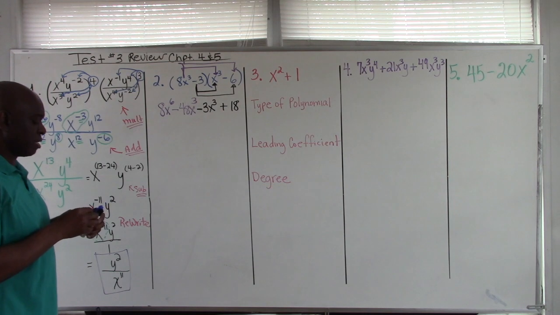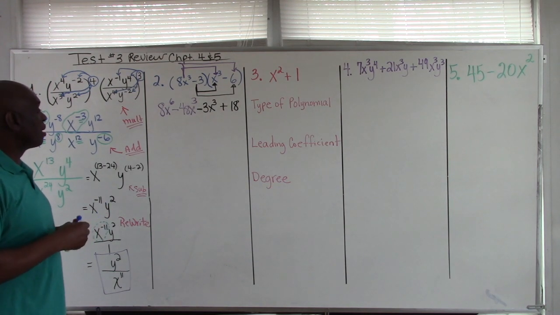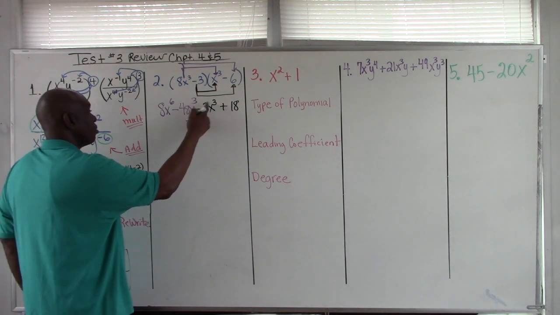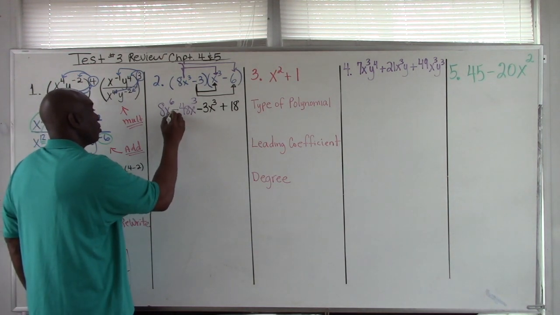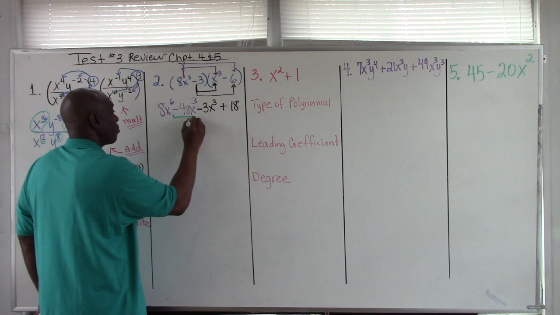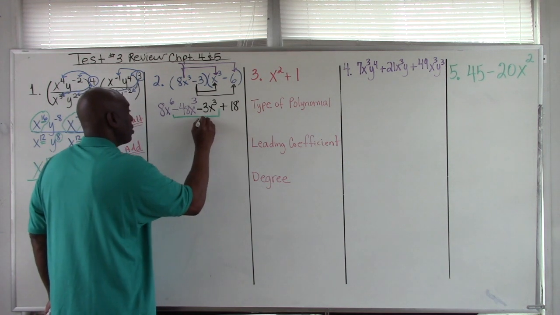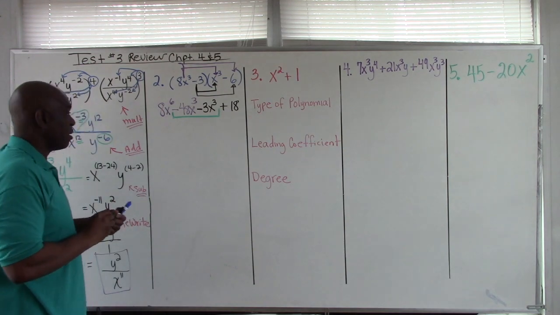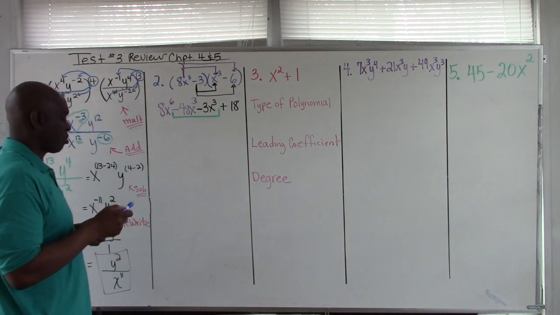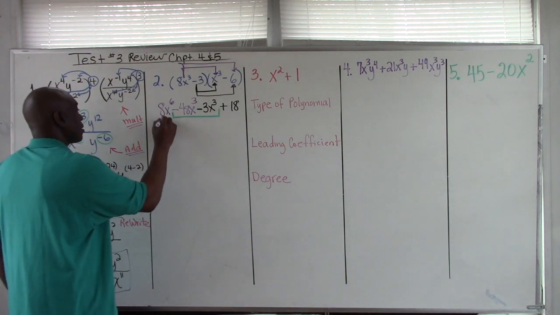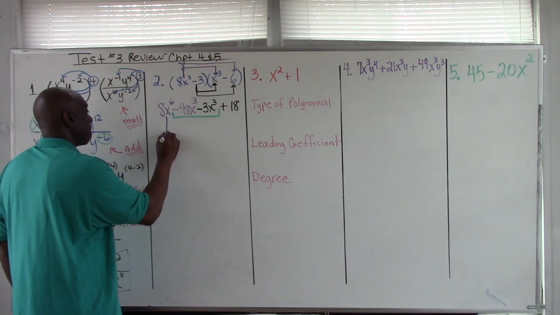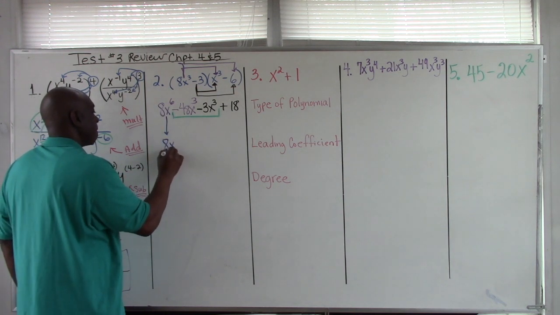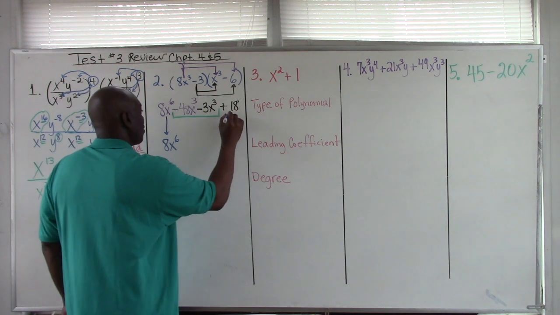Please notice that you have to combine what's in the middle, because they have the same power, x cubed, x cubed. So you have to combine these two terms. These two in the center have to be combined. So what does that mean? That means you bring down the 8x to the power 6. Bring this straight down. Bring down 18.